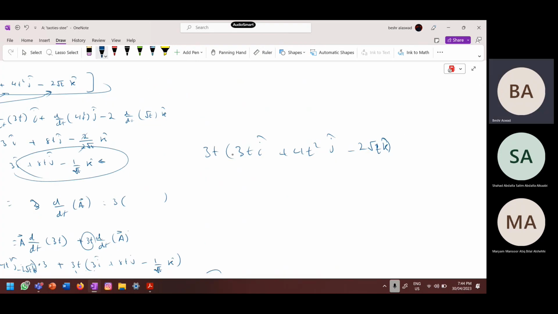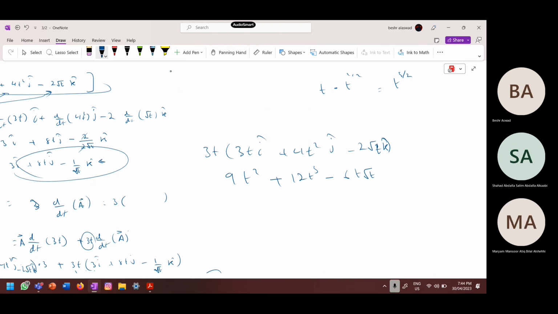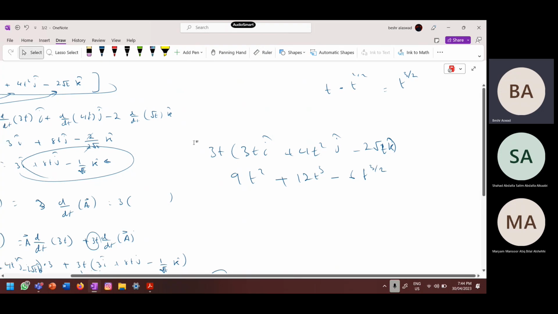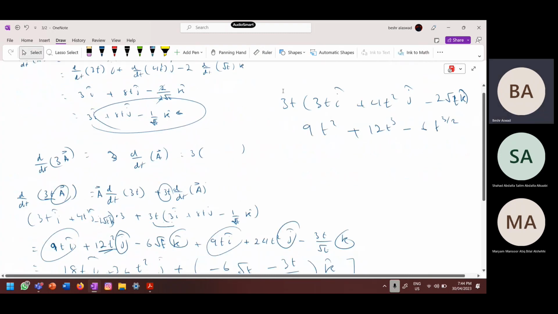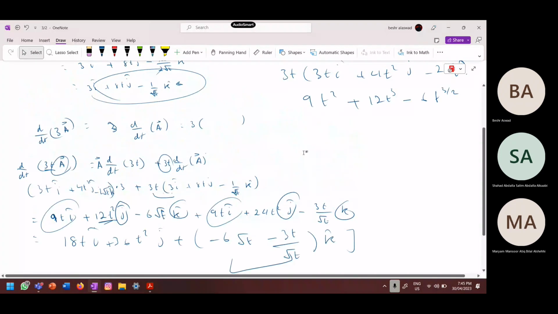Get this inside. This will give you 9t squared plus 12t to the power 3 minus 6t square root of t, or another way to write it, t to the half. This will give you t to the power 3 over 2. Just rewrite it if you want to. Now just find the derivative of this, and I want you to compare it to your final answer here.